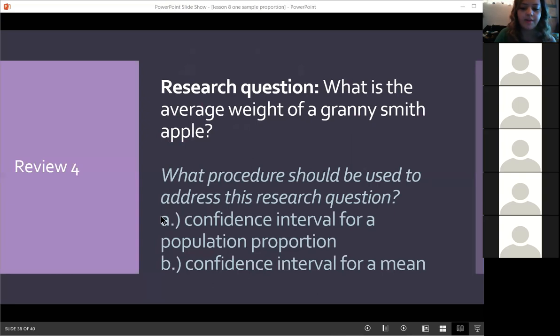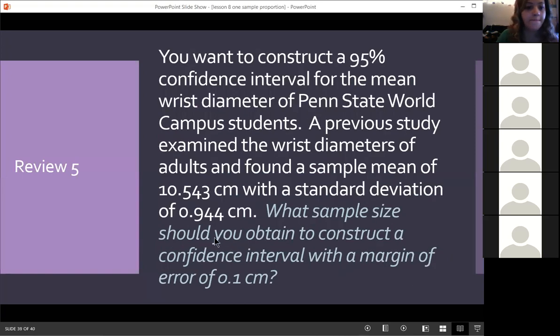But remember, hypothesis tests come up with a single conclusion. In comparison, with a confidence interval, we're going to estimate that population parameter with a range, and be confident that the population parameter is within that range. And then since the weight is a quantitative variable, that's why we're going to be talking about a mean and not a population proportion. So good job.